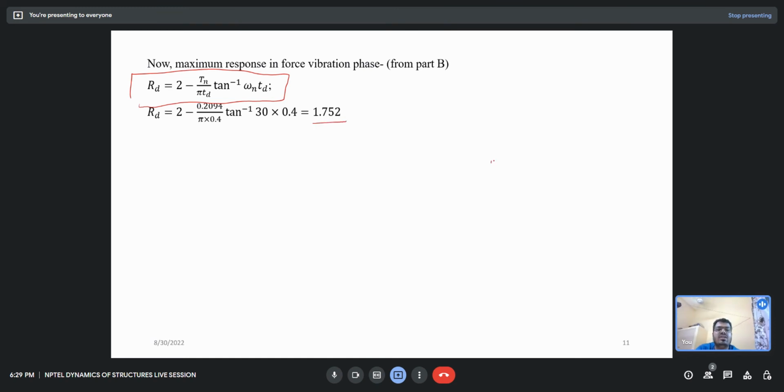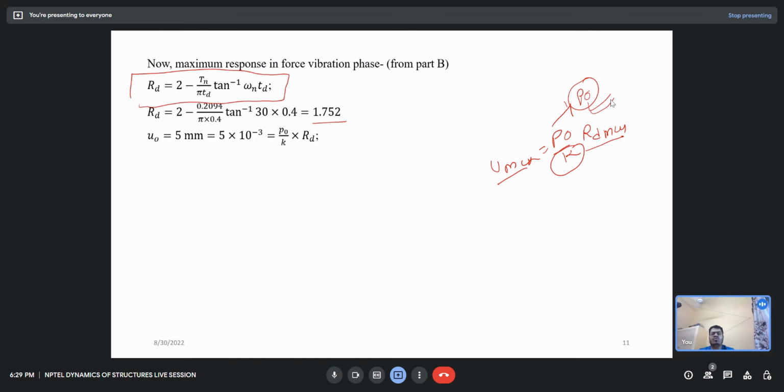Now U maximum is P naught by K into Rd maximum. I have U maximum, Rd maximum and K, so I simply have to find P naught. This is a simple mathematical calculation. The displacement is given as 5 mm, which I converted to meters, that is 5 × 10^-3 equal to P naught by K into Rd.